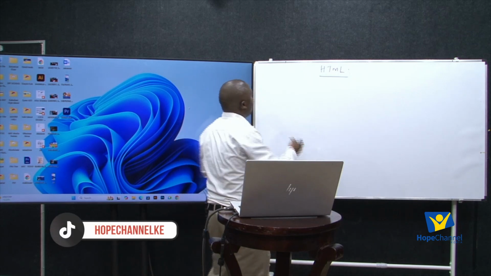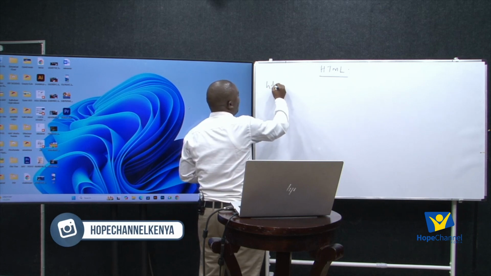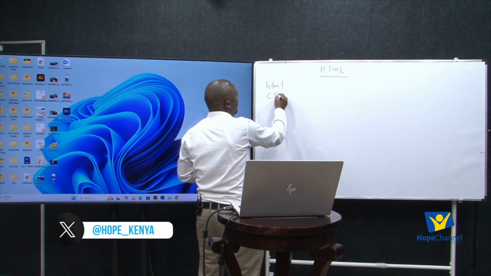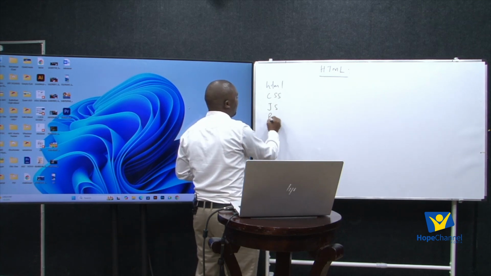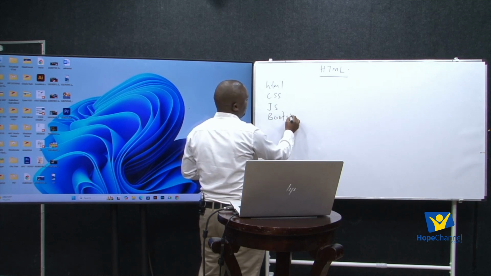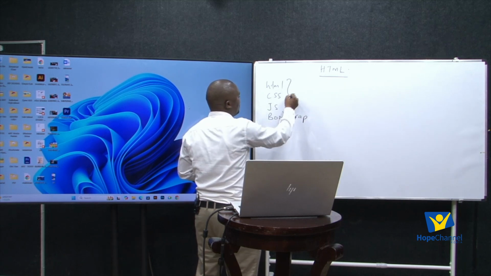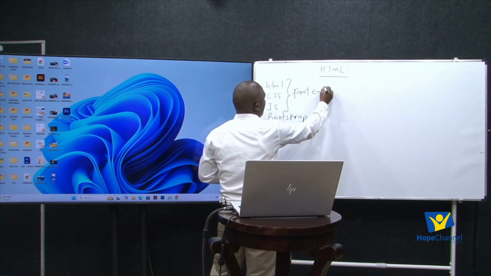Just to remind you, the whole journey we talked about: on the front end, we have hypertext markup language, we have cascading style sheets, we have JavaScript, then we have Bootstrap that wraps all this. Of course, this is what we are calling the front end languages.